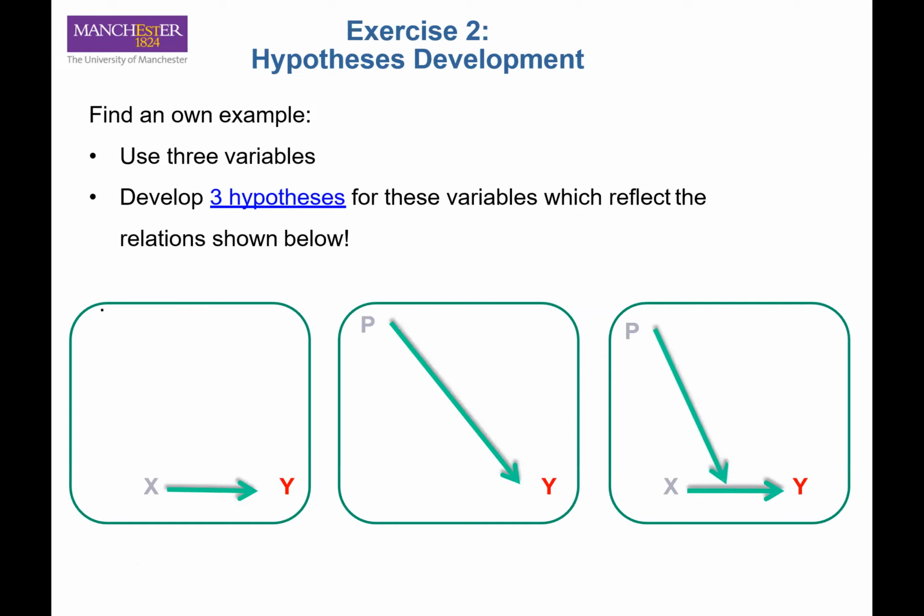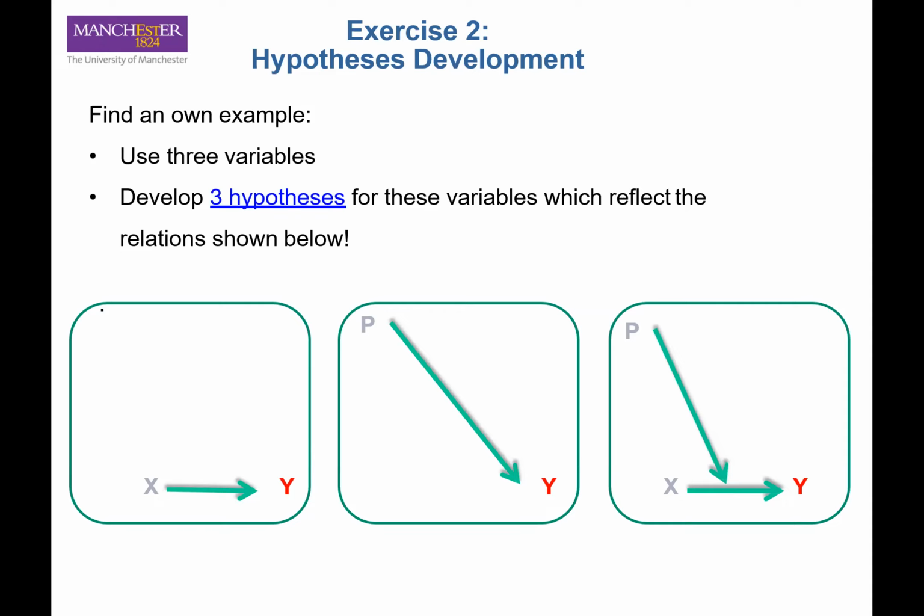Then please work on exercise 2. To develop your own hypotheses, you have to find your own example, use 3 variables, and develop 3 hypotheses for these variables which reflect the relationships shown below.